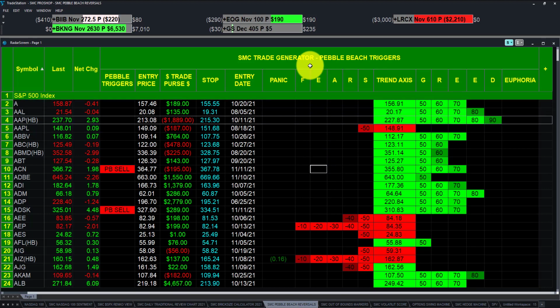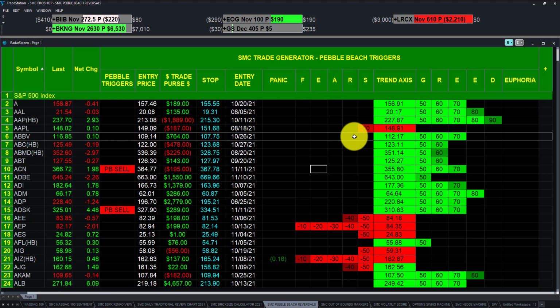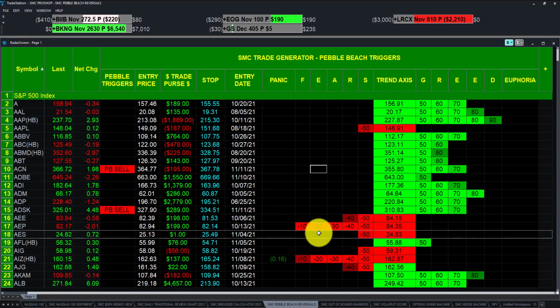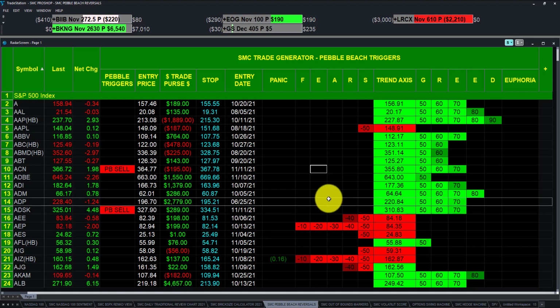The SMC Trade Generator for Pebble Beach has a number of ways to be able to use this tool. You can use this first for stocks to buy and sell. You can use it intraday. You can use it daily, weekly, monthly as an investment tool. You can use it for futures, intraday as well.